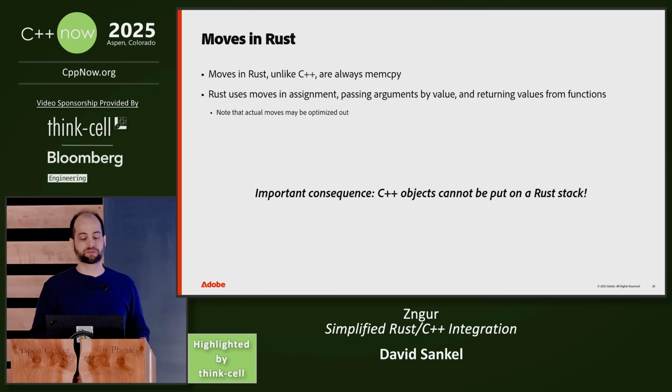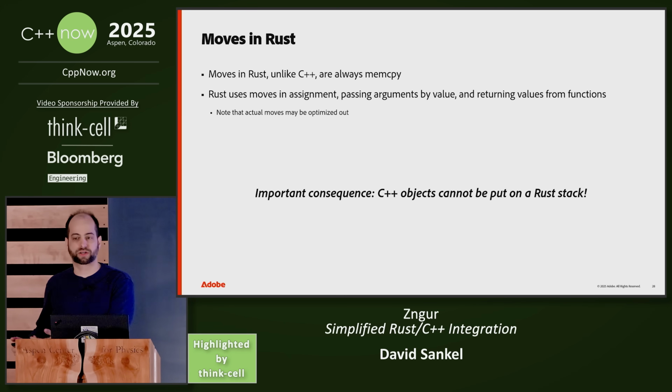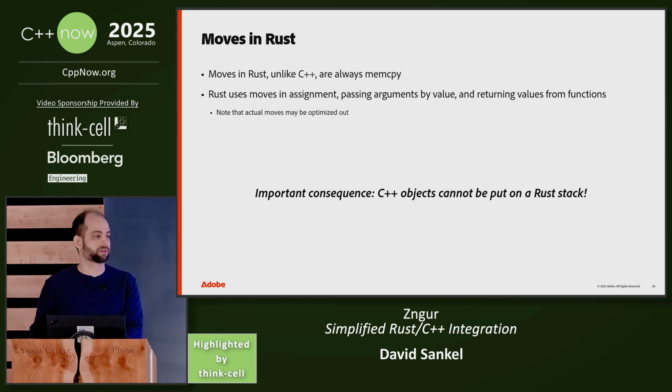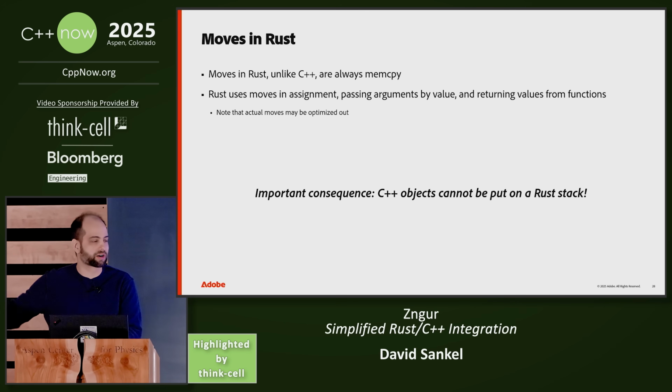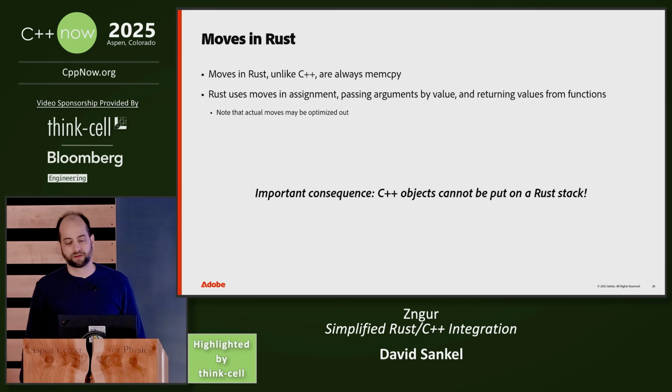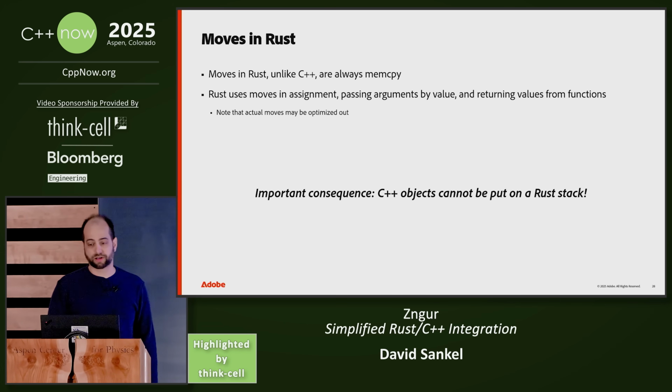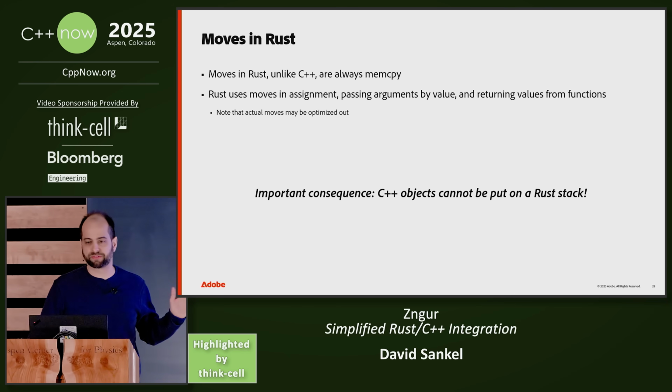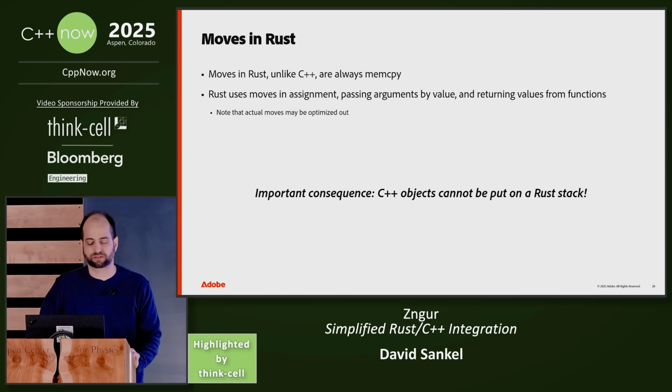It basically means that C++ objects cannot be put on the Rust stack in general, because as soon as you put one on the Rust stack and call a function, it does that mem move. Now you've got an invalid object. So it's all kind of screwed up. So we're always going to need some kind of indirection when we're talking about C++ objects in Rust.